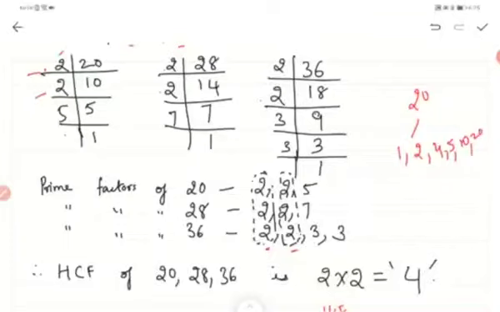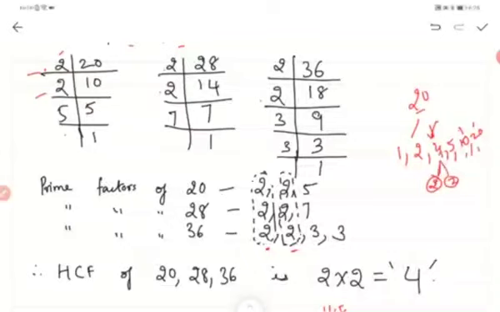So you have big factors also, but the prime factors are those factors which cannot be split further. You have 4 also, but this 4 can be split into 2, isn't it? So this 4 is not a prime factor of 20. 10 is also not a prime factor of 20, because you can split this number still more.